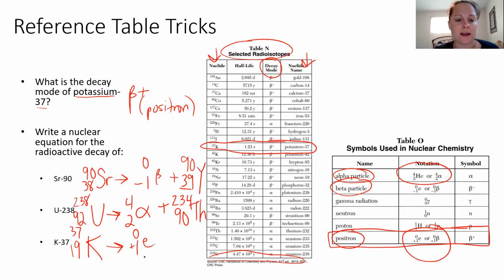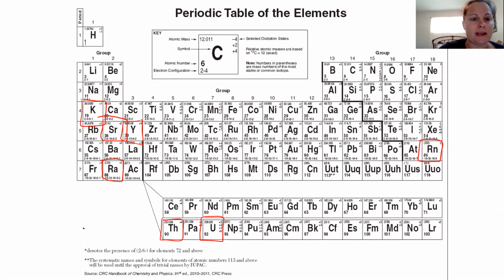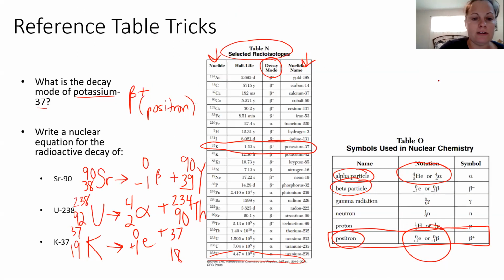I'll use E this time. And then figure out what's the new isotope that you created. Well, 19, I'm losing 1, and my new atomic number would be 18. 37, 0, my mass doesn't change. So now I just have to figure out what is element 18 on my periodic table, and it is Ar, argon.